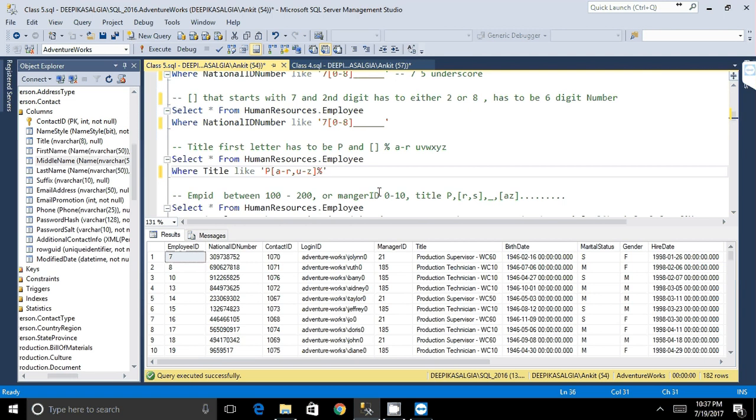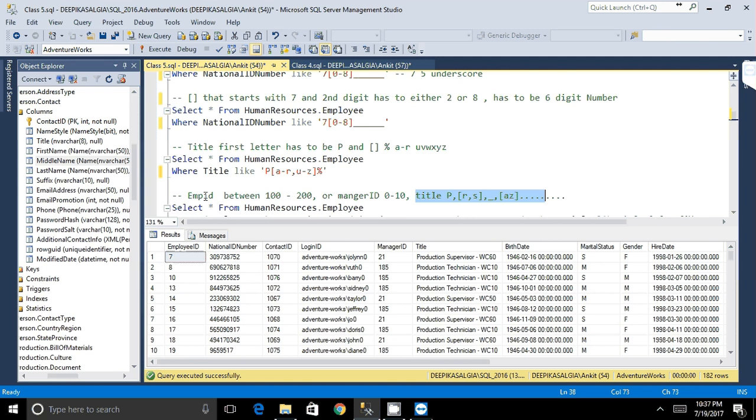Type the query, work it out, and bring it. I want to find all the employee IDs whose employee ID is between 100 to 200. So this is an assignment. Or their manager ID is between 1 to 10, and so this condition has to be true always.